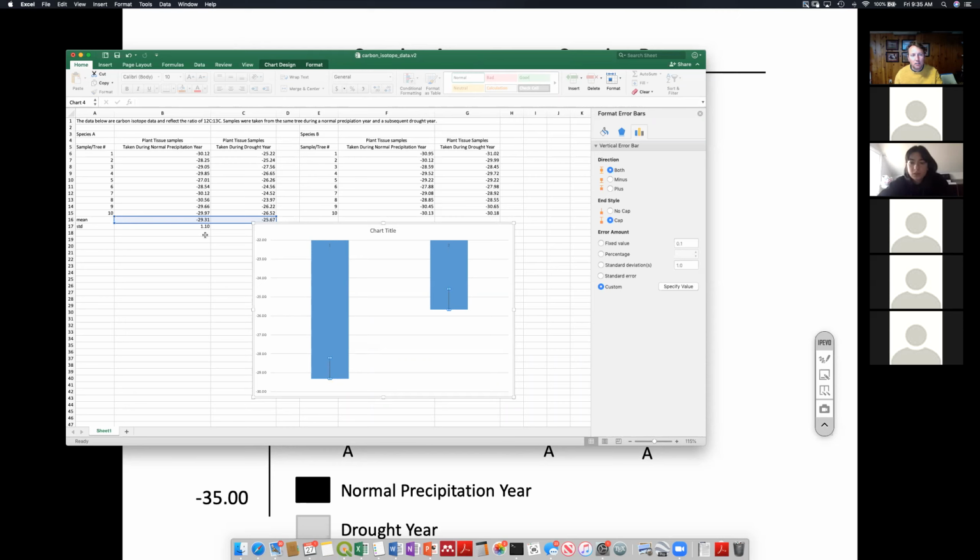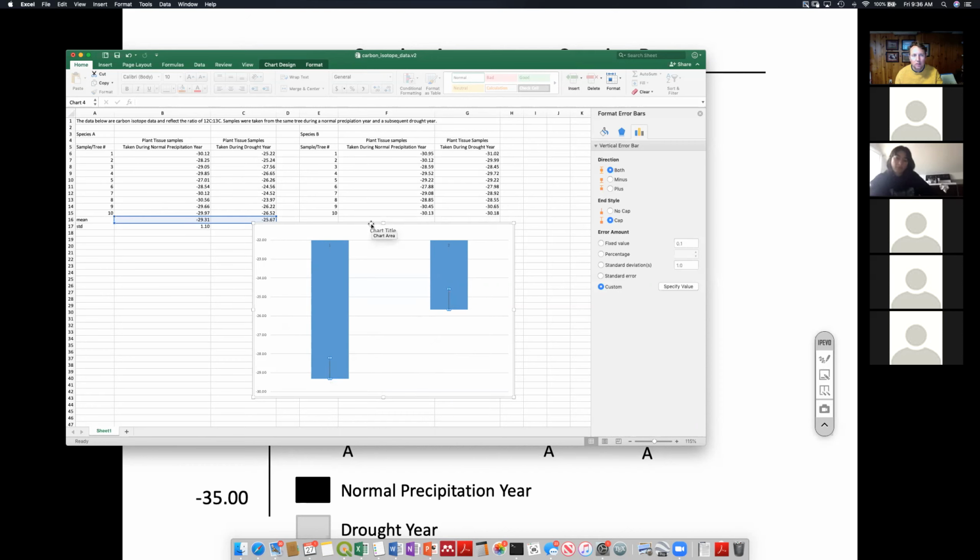This bar graph is just the mean. This value here is negative 29.31. And this value here is negative 25.67. So each bar is one of the means. One is the mean during the normal year. This is the mean during the dry year. And the standard deviation is giving me these error bars here.